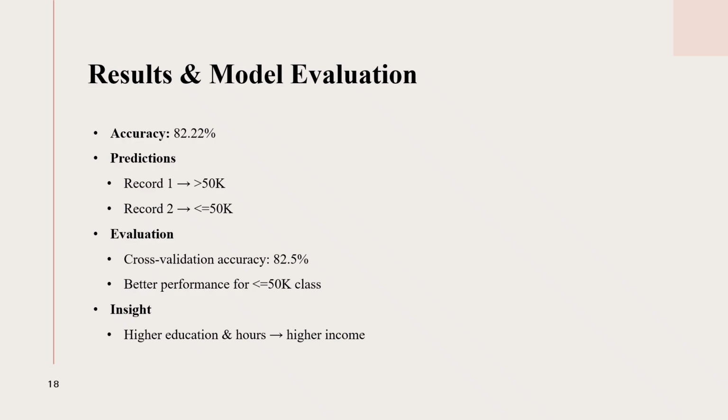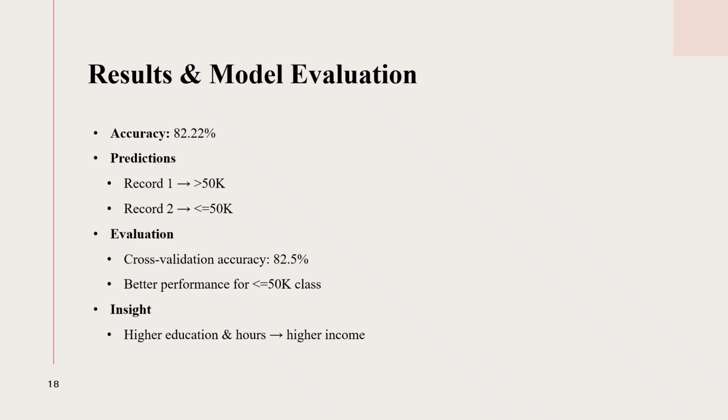In addition, the cross-validation accuracy was around 82.5%, which shows that the model is stable and performs consistently across different subsets of data. When predictions were made on two new records, the model classified the first record as greater than 50K and the second record as less than or equal to 50K.